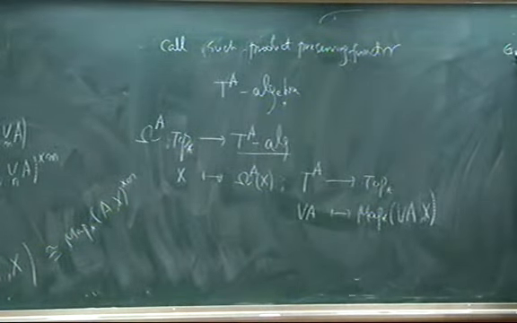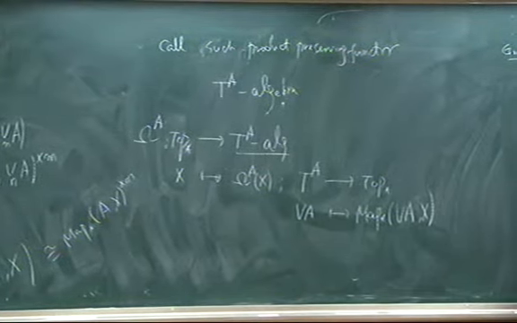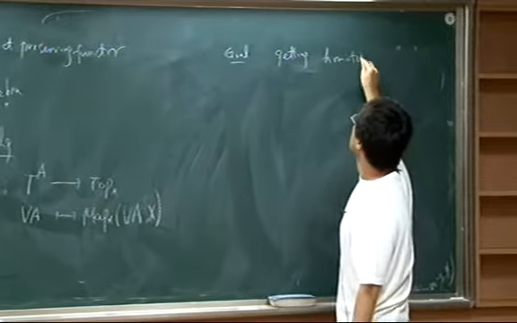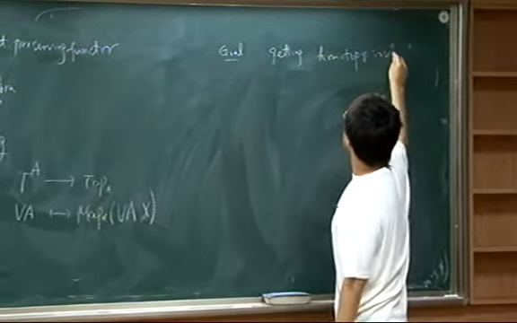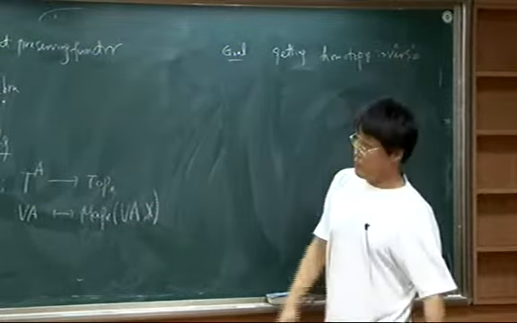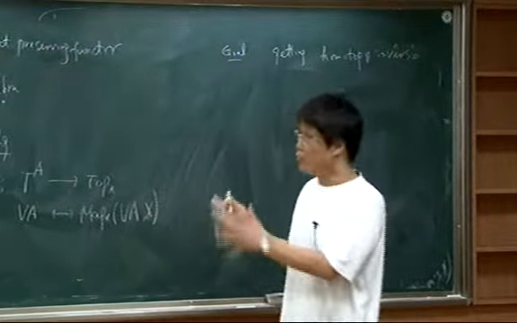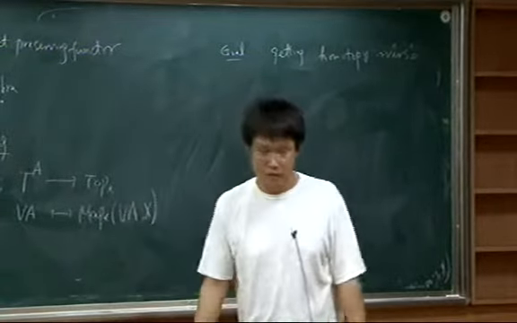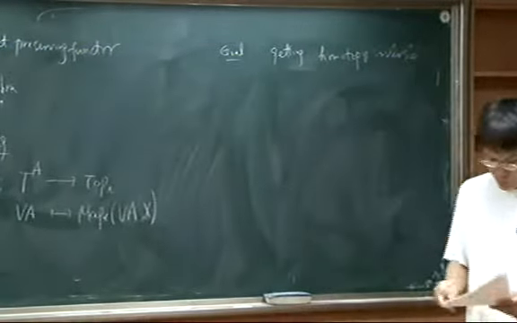So our goal is getting the homotopy inverse. That means we take the homotopy category, we localize both, and then those should be equivalent. That's what we want to do.